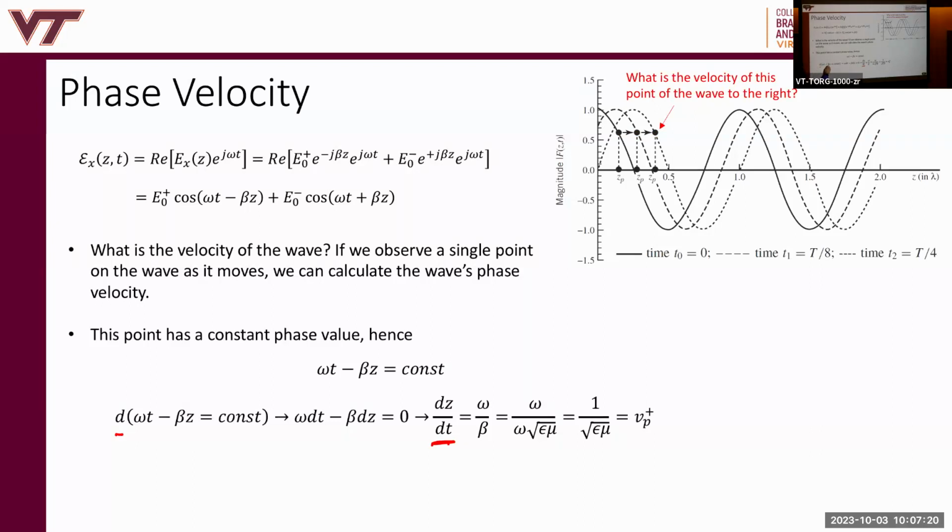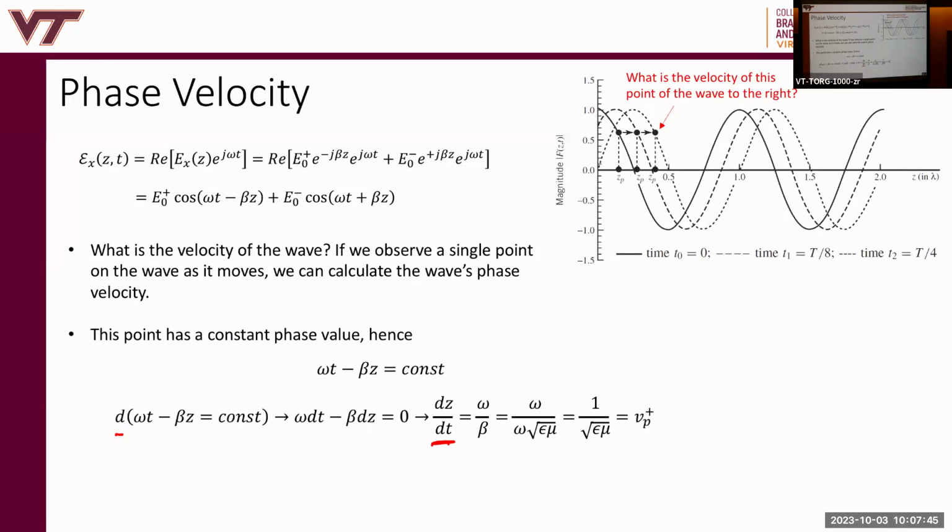If we distribute d through, we factor out the omega because it's constant, giving omega dt, minus beta dz, and the derivative of a constant is 0.